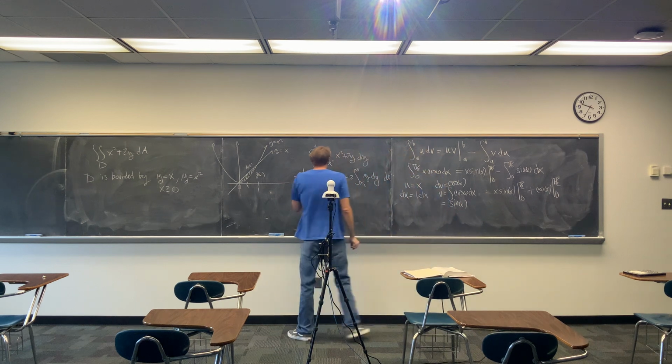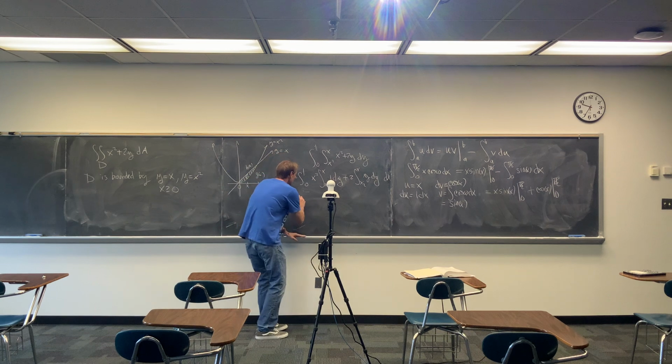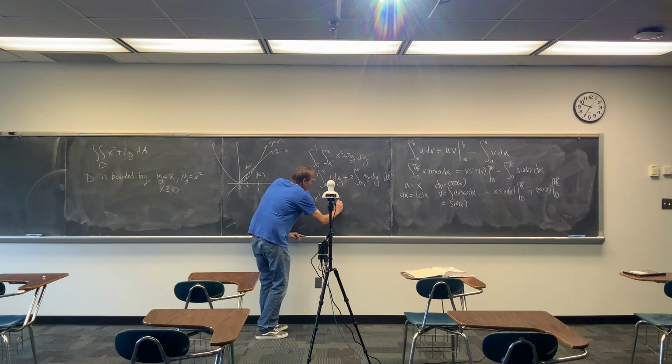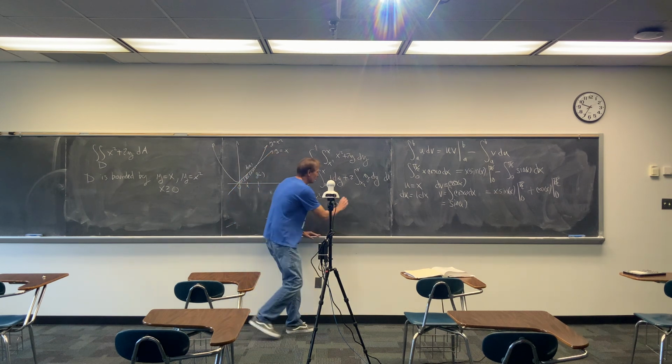Whose function's derivative with respect to y is 1? Y. So then this would be equal to the integral from 0 to 1 of x squared, y evaluated between x squared and x.